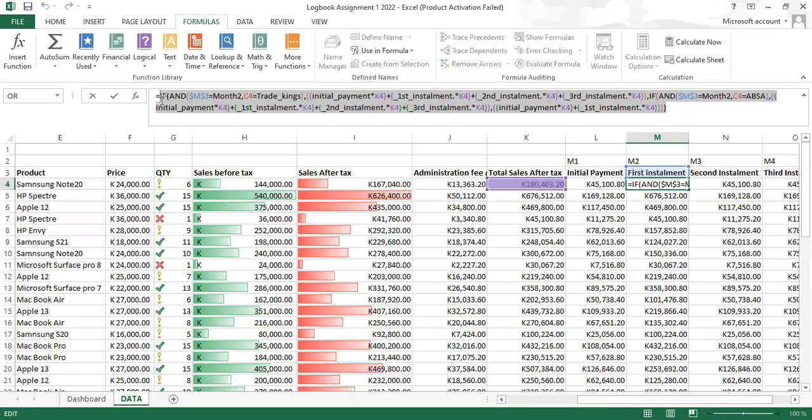Those who are paying in month 3 and those still continuing to pay up to month 4 are the ones that will have values here. The one who's still pending up to month 4 will only have accumulation from month 1, month 2, and month 3, the total for 3 months. That's what will appear in the second installment.